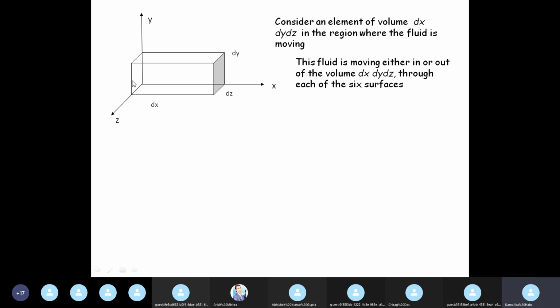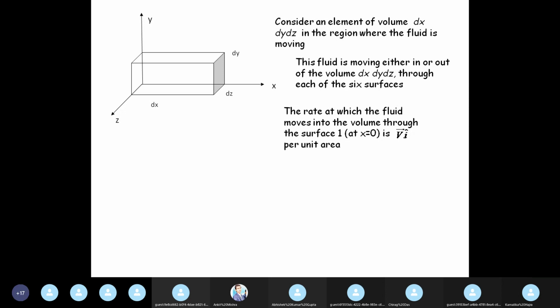So either the amount of fluid that moves into this volume is more than the amount of fluid that comes out, or it may be less than the amount of fluid that comes out, or it may be equal. Some amount of fluid enters this volume through the 6 surfaces and some amount of fluid leaves this volume through the 6 surfaces. Now we'll calculate the difference of the amount of fluid that enters this volume and that leaves this volume.